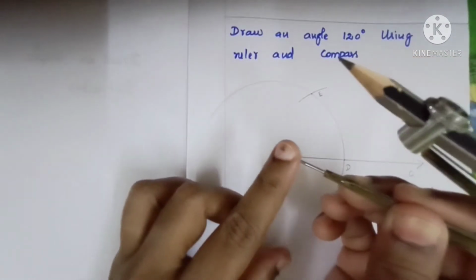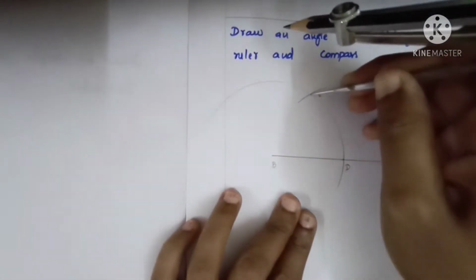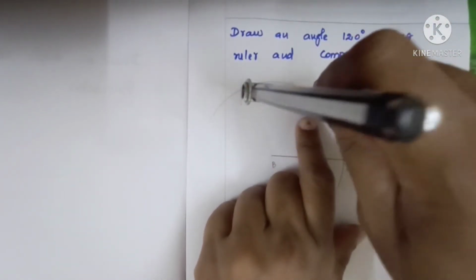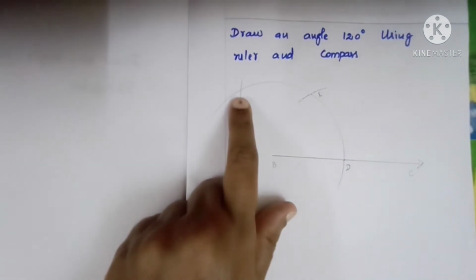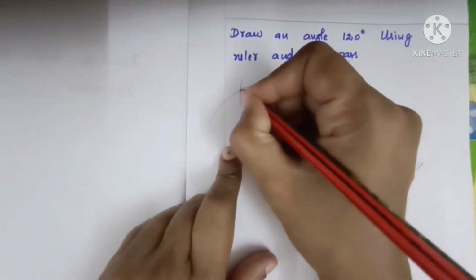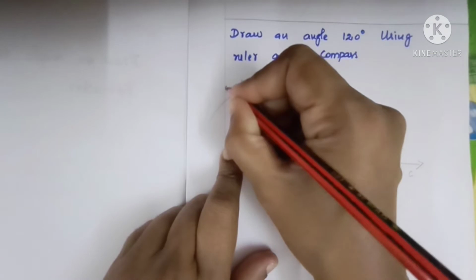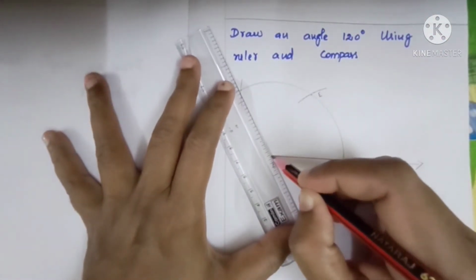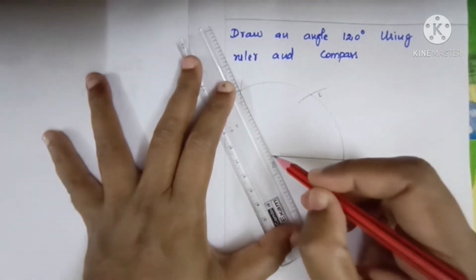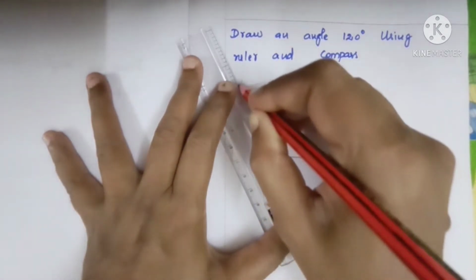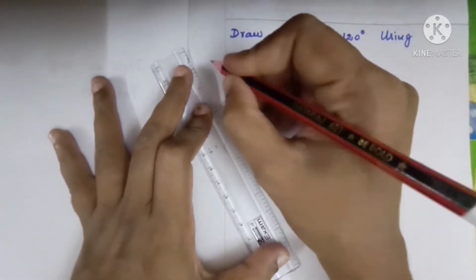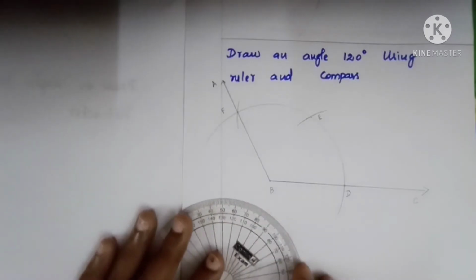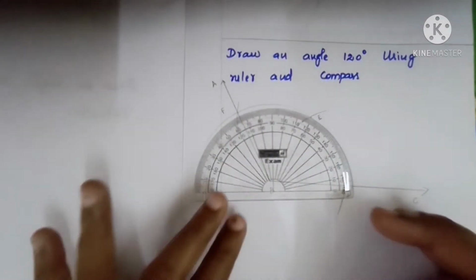With the same radius, with E as center, draw an arc. It cut the previous arc at F. Now join B and F and draw a ray and name it as A. Now check it with the help of your protractor.